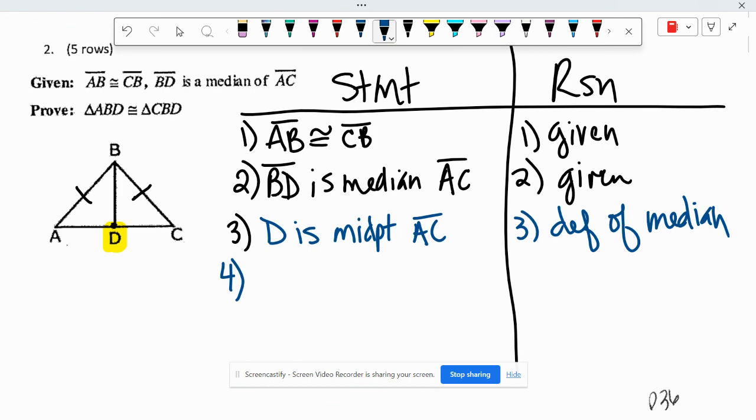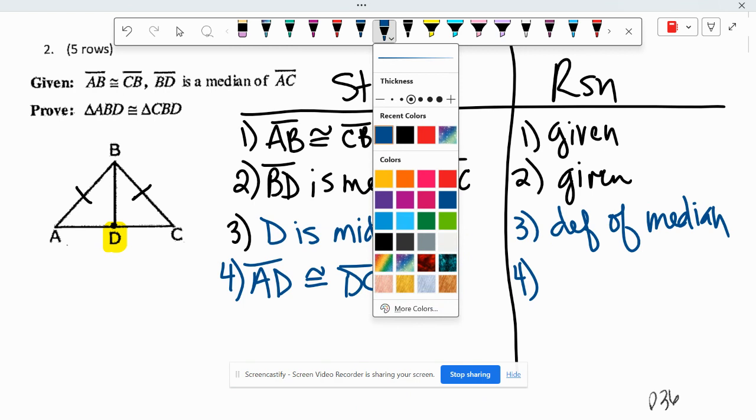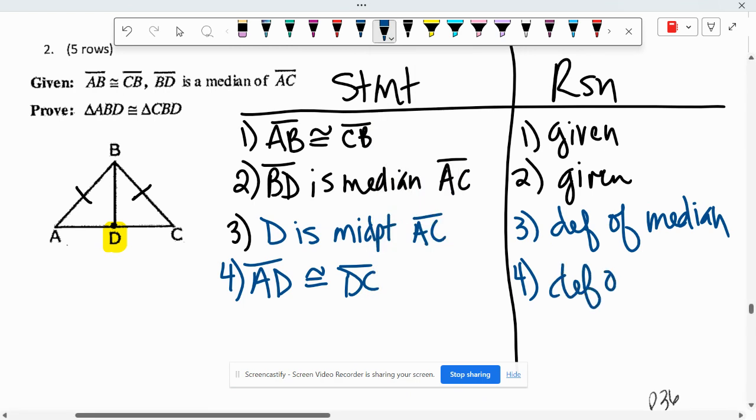But what two pieces are congruent? Yeah, segment AD is congruent to segment DC. And why is that? It's the definition of a midpoint. So now I'm going to mark that.